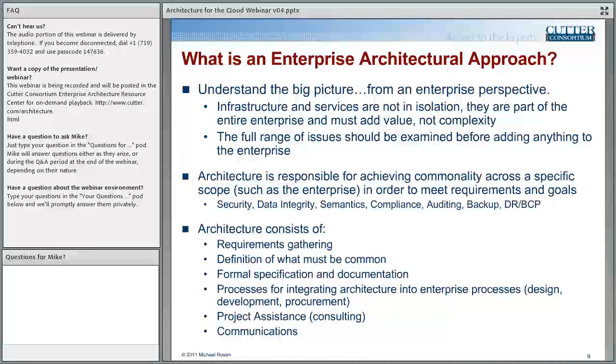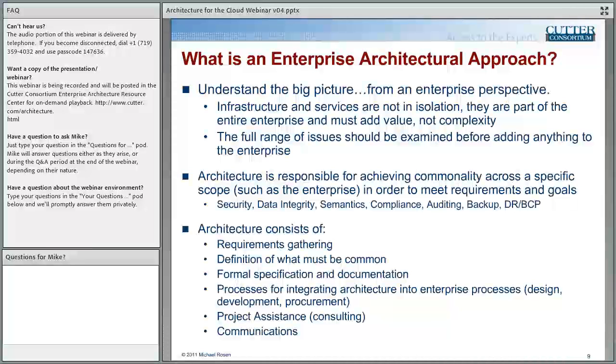We want there to be a standard way across our enterprise to understand security issues or to have common semantics or to do compliance. So our architecture for the cloud has to say, how do we address these issues for the cloud? So architecture is gathering the requirements, defining what has to be common. This set of things is a subset of all of them.